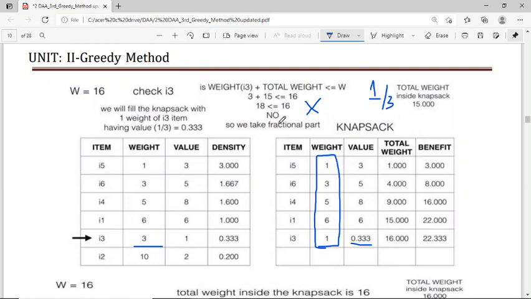How can we divide this item? This item we are dividing into 3 parts. Clear? This is possible if we take the example of a kirana shop, like sugar.